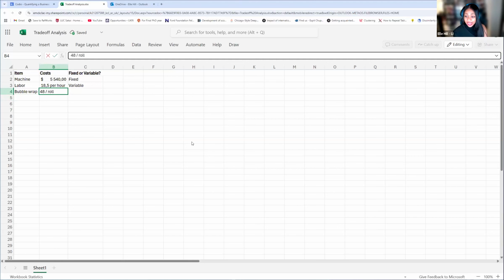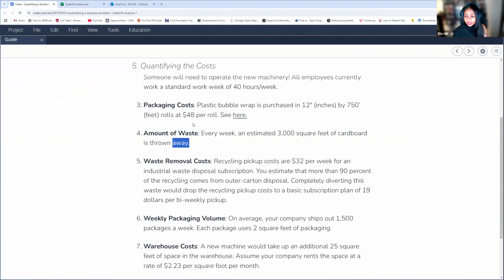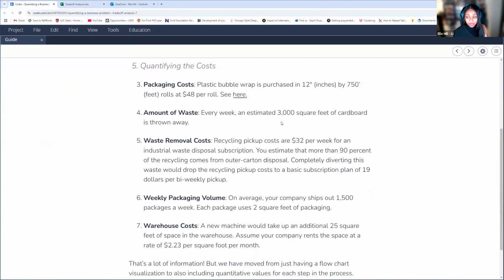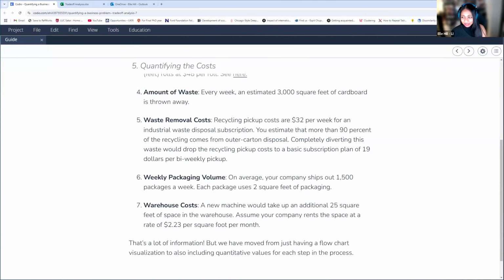Next, we're going to have the amount of waste. So we know that every week, about 3,000 square feet of cardboard is thrown away. This is something we'll consider as we move along because we actually have to pay to get rid of this. So it's a bit unfortunate that we can actually recycle something, but instead we're throwing it away. So recycling pickup costs are going to be $32 a week for industrial waste disposal subscription.